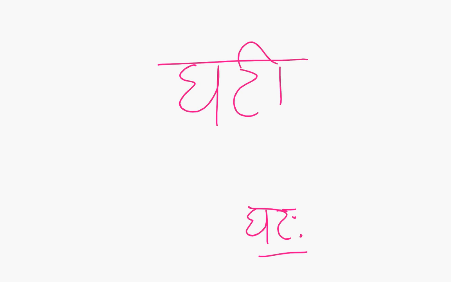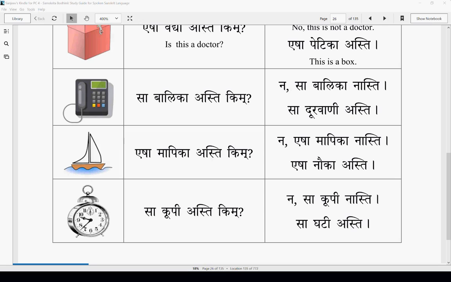So that is how the Ghati word came into existence to indicate the clock. Now we refer to this as a Ghati, clock, but that is the origin of that word, which was originally from the clay pot.